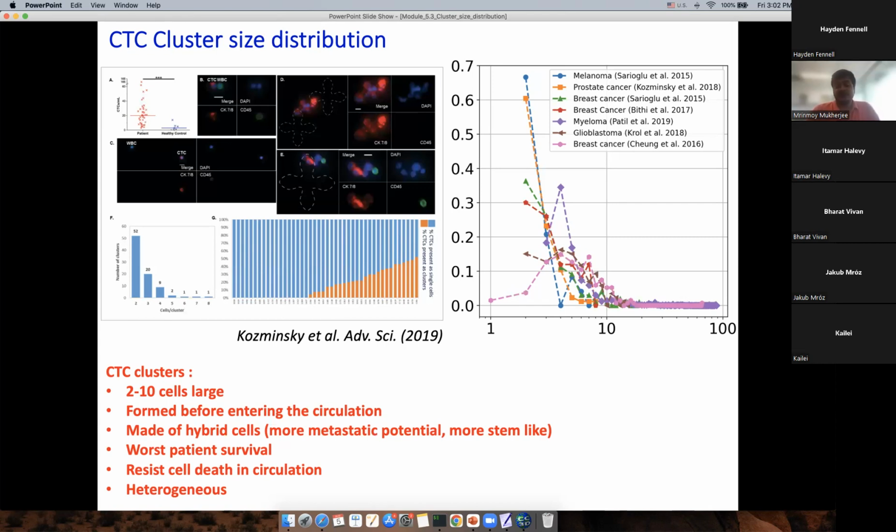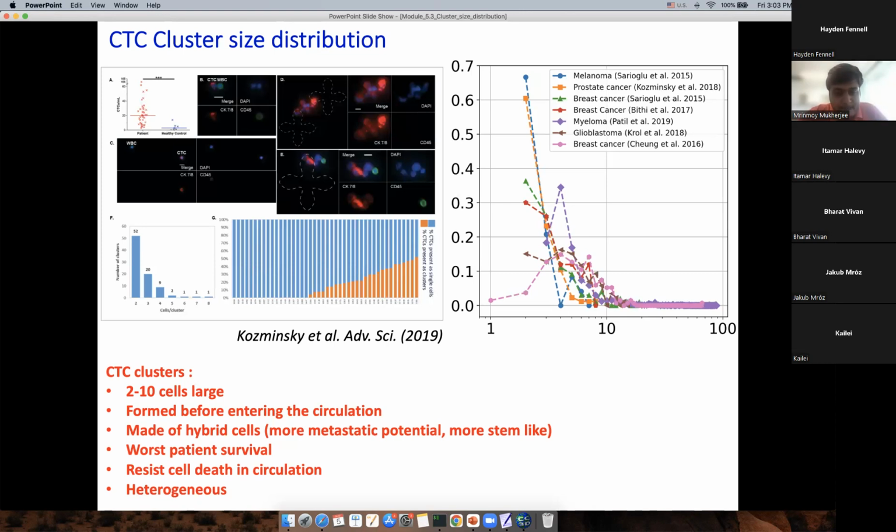Another interesting property is they are heterogeneous. Heterogeneous means, say, imagine a cluster of 5 cells. All the 5 cells do not have equal properties of adhesiveness or migration. They are extremely heterogeneous. That means you can think of a spectrum of EMT states in those clusters.